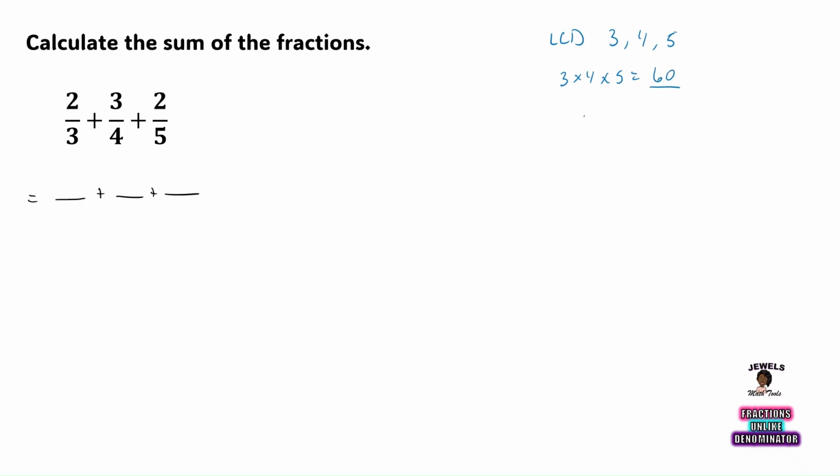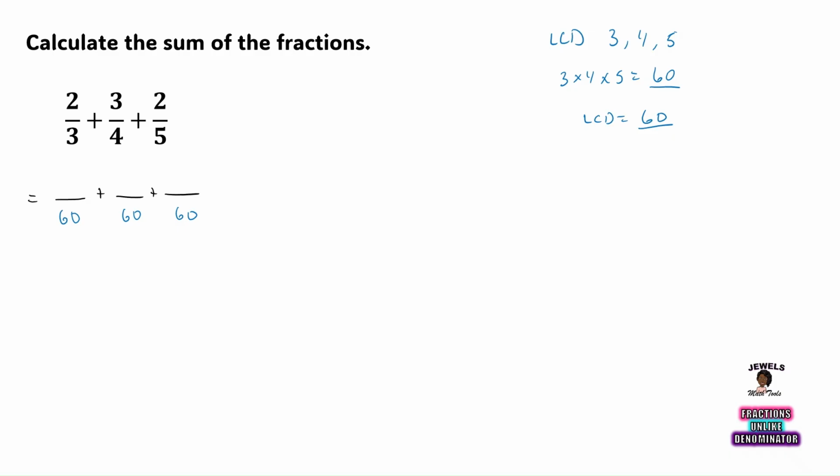Now with 60 for this question, I must point out that 60 is indeed the lowest common multiple that these three numbers have in common. However, I also have to state that in most cases, when you take the approach that I just did, where we multiply the numbers together to find an LCD, you will get a multiple that's common to all of the numbers in your denominator.